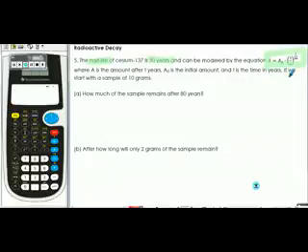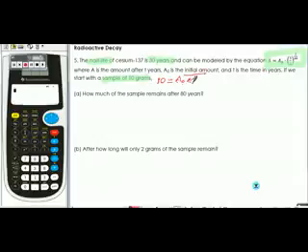T is the time in years. If we start with a sample of 10 grams, this tells me that 10 grams is my A naught, my initial amount.